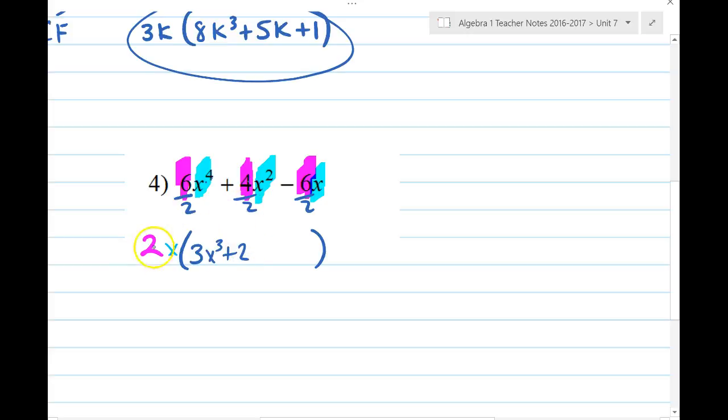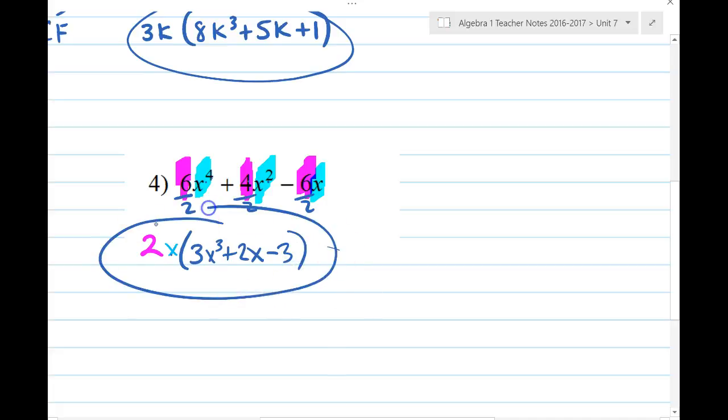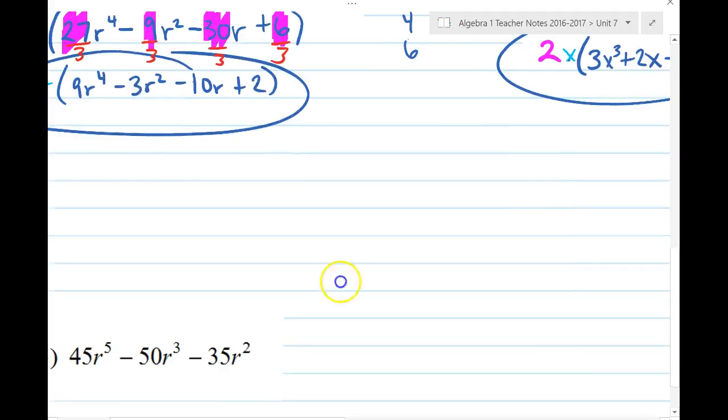Remember, this 2 came from the number that I factored out. Okay, x times how many x's gives us x squared? Well, I just need 1 more x. Bring down the sign. 6 divided by 2 is 3. And then x times what gives us x? Well, we don't need to multiply any more x's because it's just 1 x. And that's it.